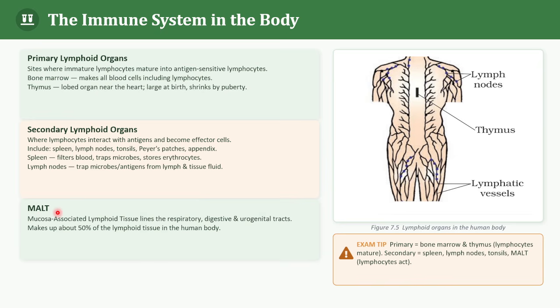Mucosa-associated lymphoid tissue, or MALT, is present in the lining of major tracts such as the respiratory, digestive, and urogenital tracts. According to our NCERT book, it constitutes about 50% of the lymphoid tissue in the human body. So, primary means maturation, secondary means immune response.